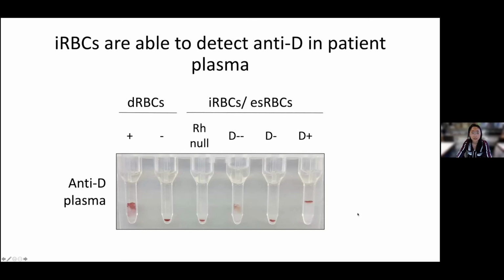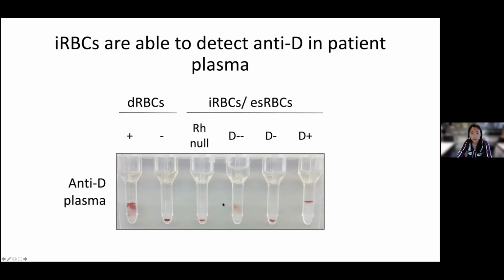So this is our first line to show that IRBCs are able to detect anti-D in patient plasma. Same format as previously. We always start out with donor positive control and negative control, where we see expected agglutination patterns. Anti-D in patient plasma didn't agglutinate with RH null cells, suggesting that the antibody that's in the plasma is somewhere against the RH system.